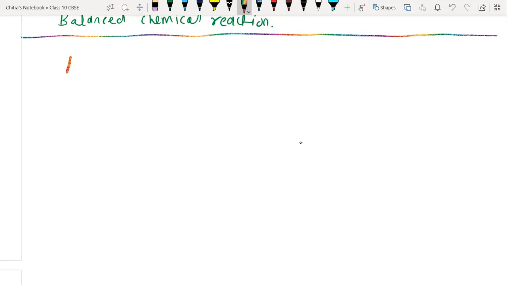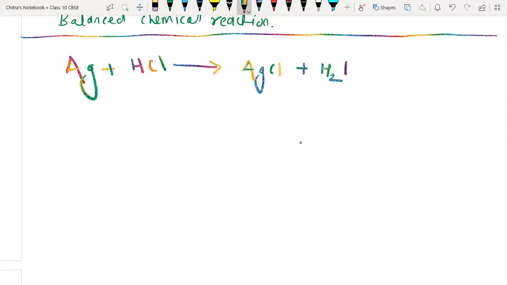You know what Ag is? Ag is silver. Plus, it is going to react with hydrogen chloride, HCl. The product will be AgCl, silver chloride, and hydrogen gas is released. So this is the reaction we have to balance. Can you balance it for me?